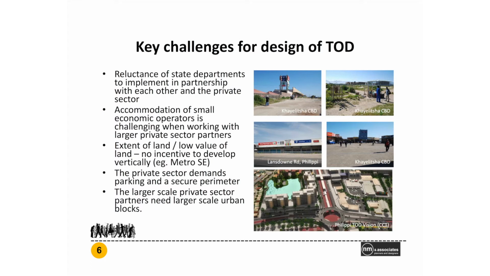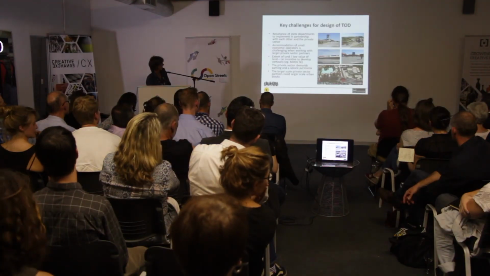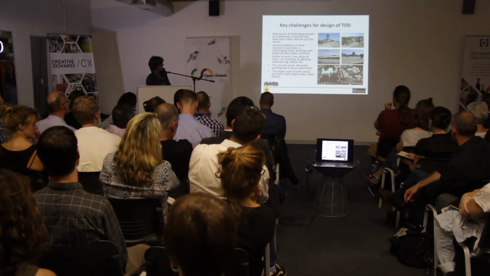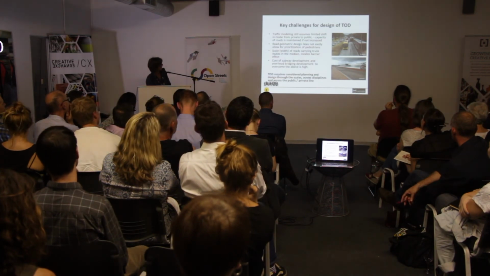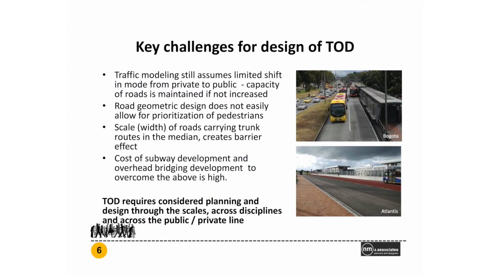The private sector demands parking in a secure perimeter. They continue to do so, even though the policies in our zoning scheme are encouraging otherwise. And the larger scale private sector partners need larger scale urban blocks, which is obviously a problem for those on foot. And then just to finish, traffic modelling still assumes there's a limited shift in mode from private to public, so that the capacity of the roads for vehicles is not reduced.